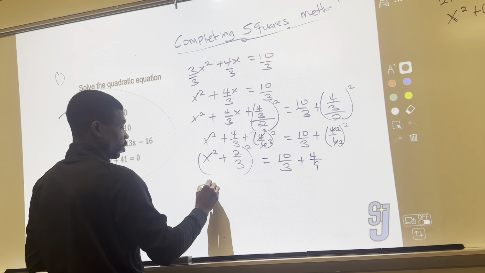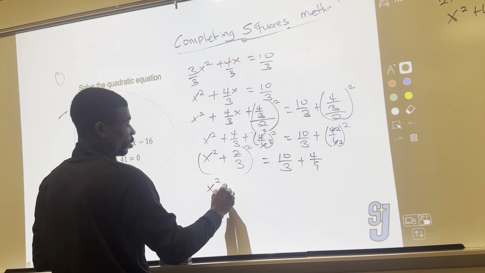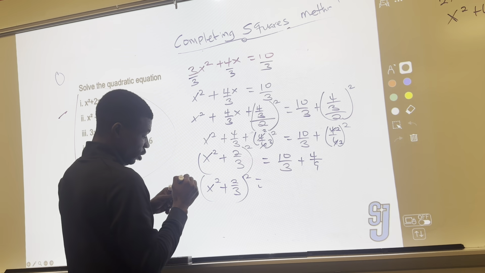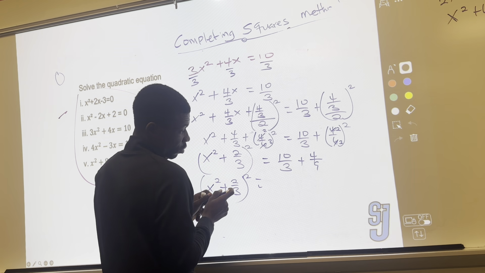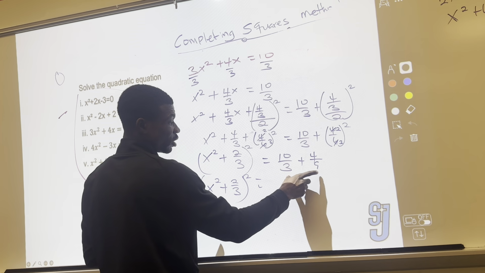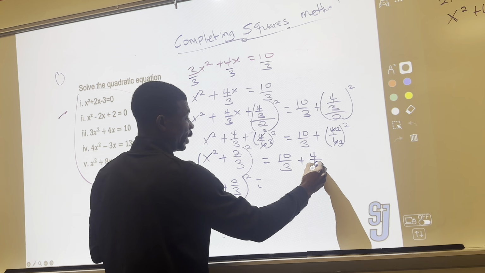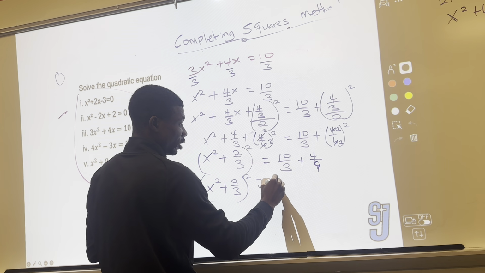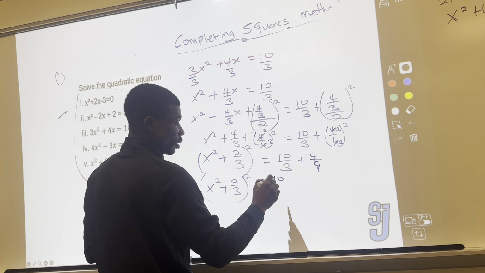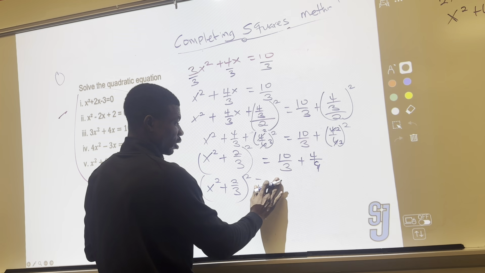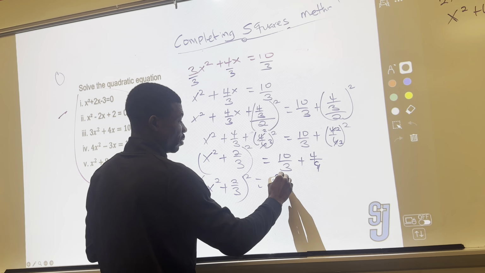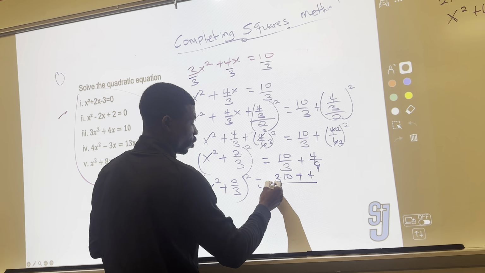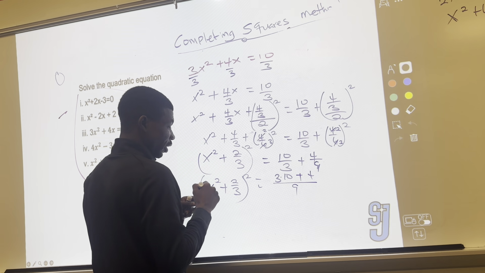So x squared plus 2 over 3 squared equals, and what's the common term here? So my common term is 9, and I have 3 times 10 plus 4 over 9.